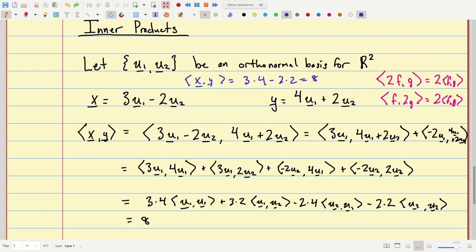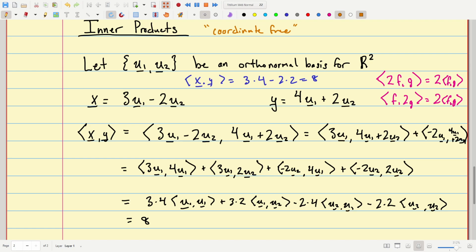Okay? Inner products have the property of being coordinate free. All right? The value of an inner product in an inner product space between two vectors is always the same.